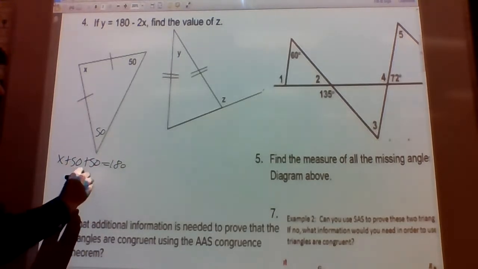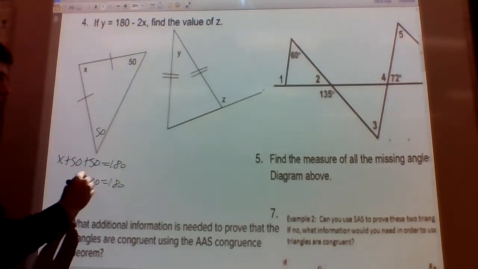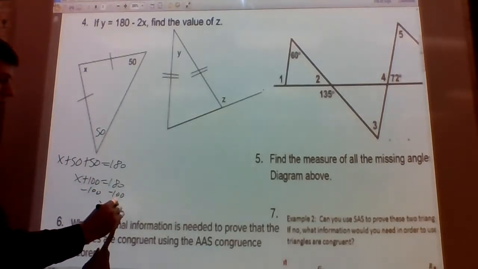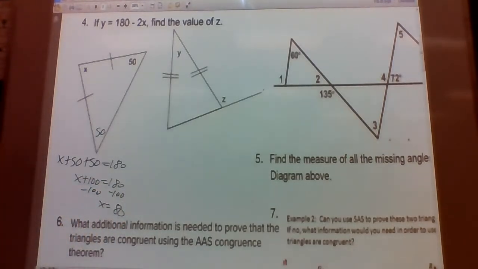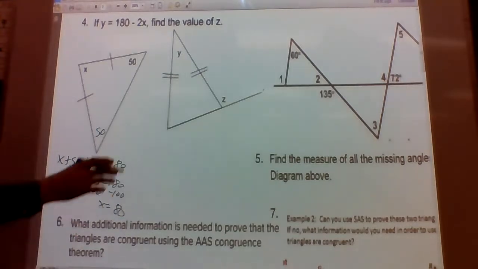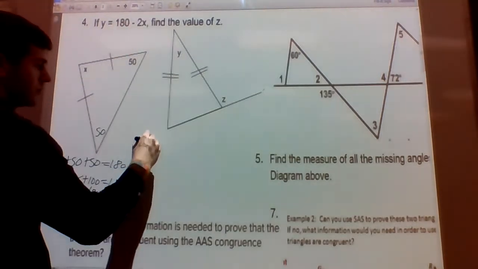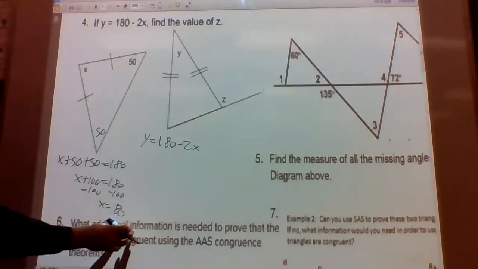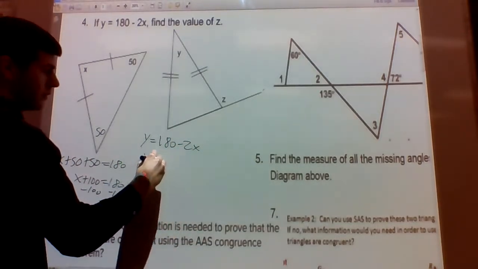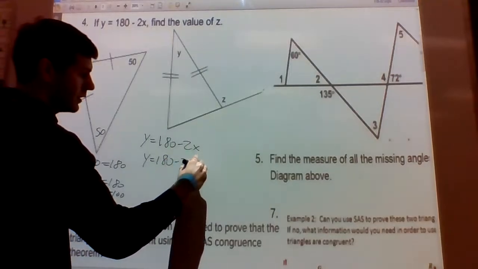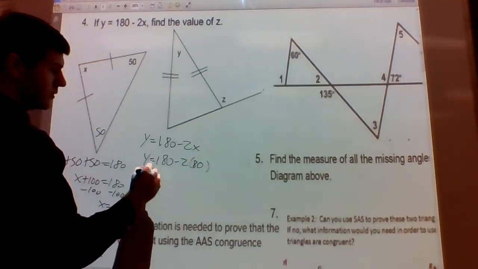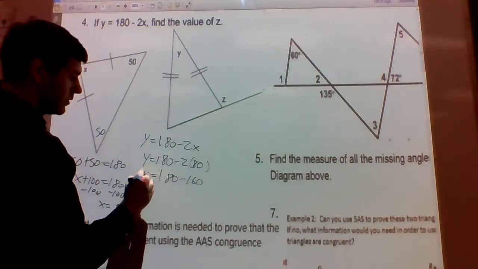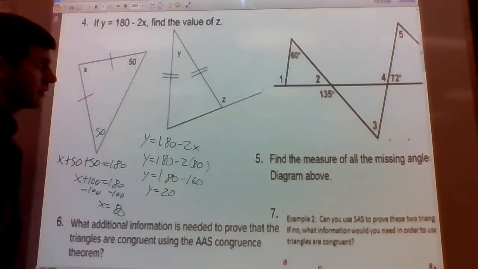So x plus 100 is going to equal 180. Minus 100 from both sides, x is going to be 80. We notice we have an equation, y equals 180 minus 2x. Well, we have x, it's 80. So y is going to be 180 minus 2 times 80. Okay, 2 times 80 is 160. So y is going to be 20.